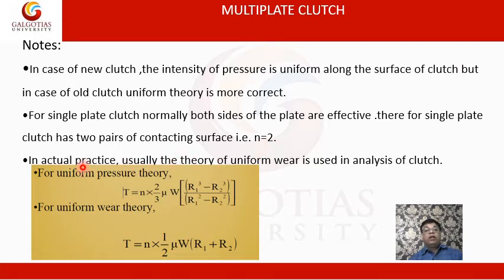This is already covered. In actual practice, the theory of uniform wear is usually used in the design of the clutch. In the case of a new clutch, we assume the pressure is uniform along the surface of the clutch, but in the case of an old clutch, the uniform wear theory is more correct. So unless it is given in the problem, you consider the uniform wear theory.